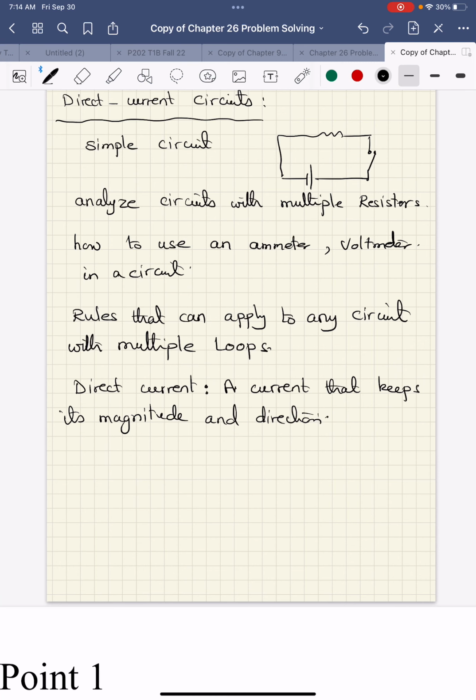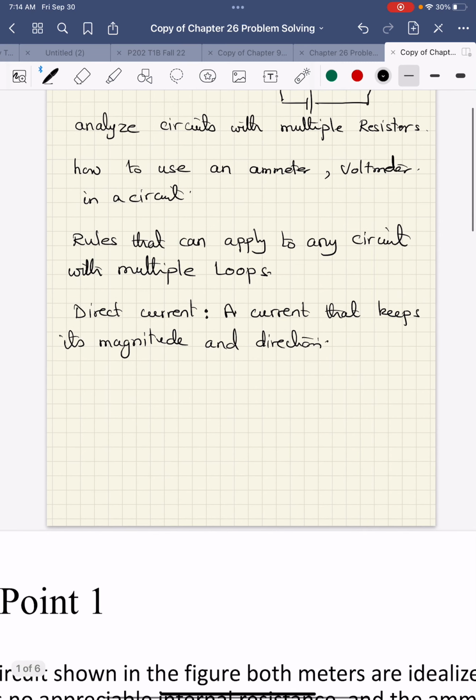Then it will not change. This is mainly what we use for a flashlight, the battery in your car. All these are direct currents.